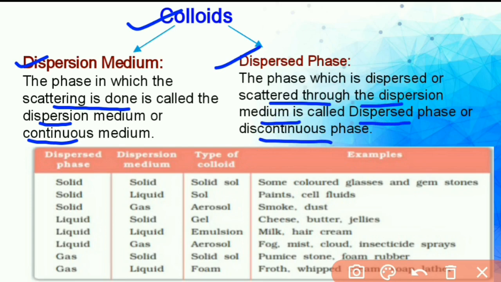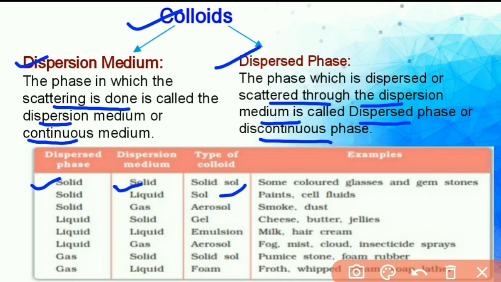Next, see the classification of colloidal solutions on the basis of the physical state of dispersion medium and phase. Let's discuss examples of different colloidal systems on this basis. When the dispersed phase is solid and the dispersion medium is also solid, the colloidal system is called solid sol.